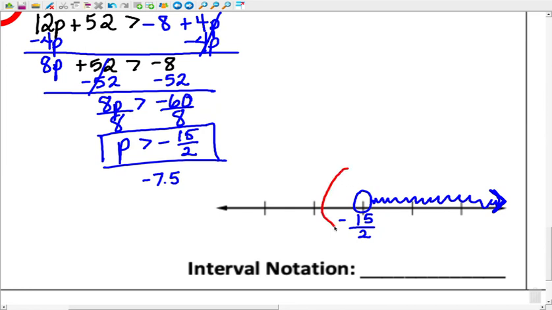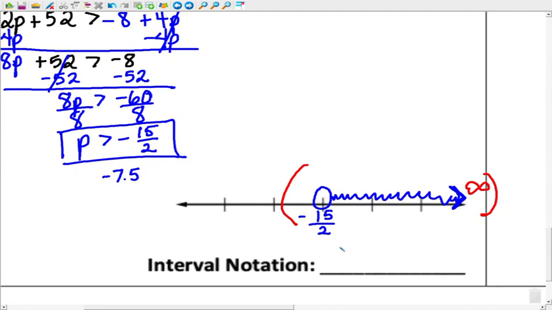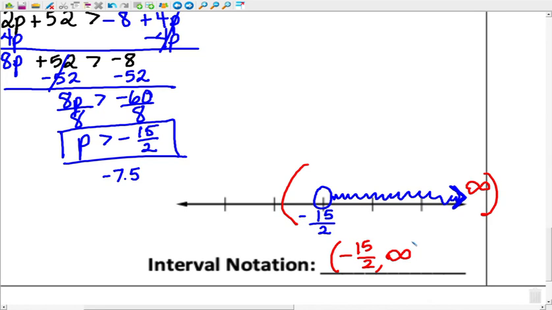Open circle means it's a parenthesis, and if it's going to positive infinity, that's also a parenthesis. So my answer will be written as parenthesis and then negative 15 over 2, comma, infinity with another parenthesis.